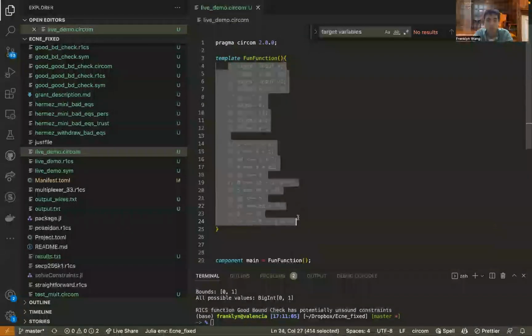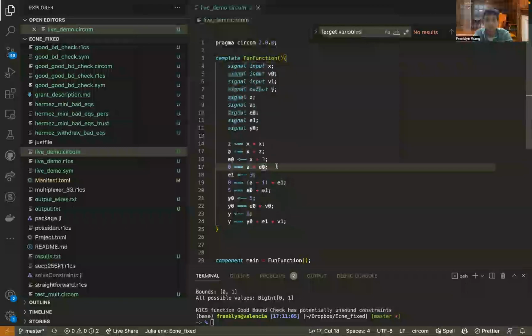Now let's look at a harder case. This is one in which we're using the ABZ machinery. Ignore these arrow equations. They're just there so that the compiler doesn't complain. Here we might obtain 0 equals a minus 1 times e1, like 5.